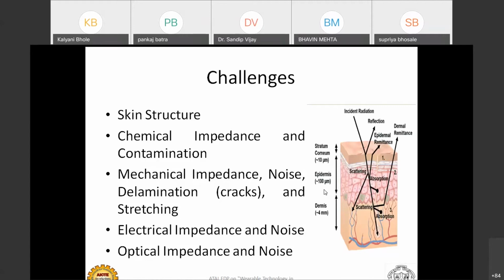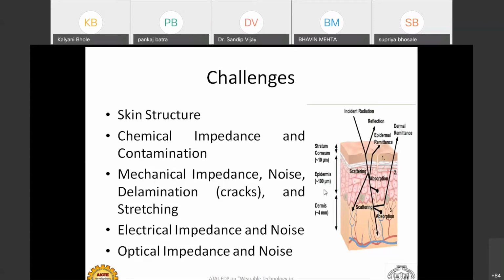There are dead cells on the surface of the skin, a kind of mechanical impedance, some noise, and there are cracks on the skin. Sometimes the skin is stretched. It will have electrical impedance and noise. It will have optical impedance and noise.